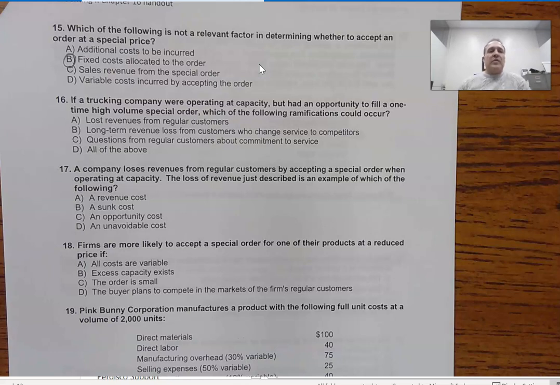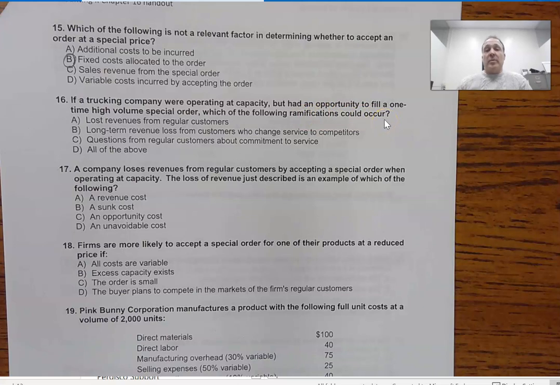Okay, question number 16. It says, if a trucking company were operating at capacity, okay, this is important, but had an opportunity to fill a one-time high volume special order, which of the following ramifications could occur?